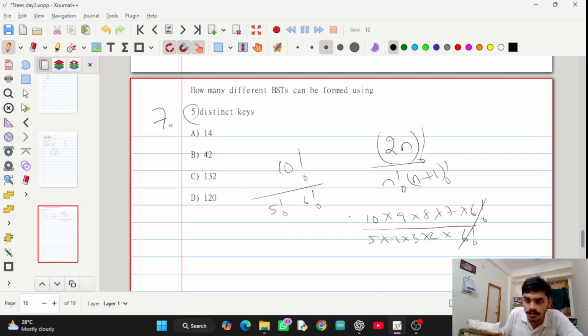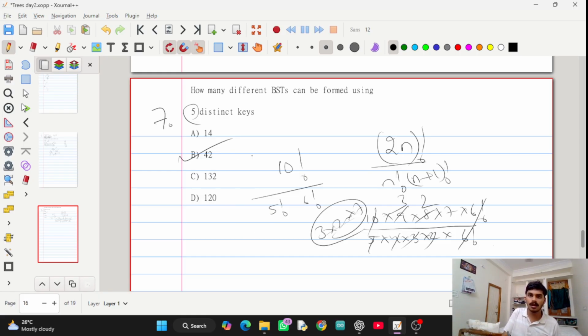So we'll cut off the 6 factorial. 5 2s are 10, 4 2s are 8, 3 3s are 9. So we are left with 3 into 2 into 7, which is 6 sevens are 42. Answer is B. As simple as that.